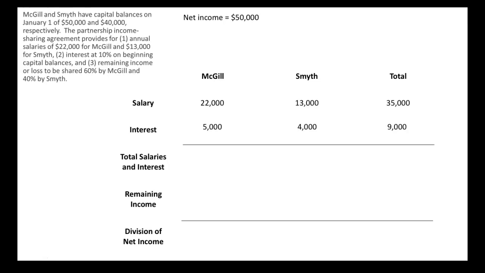For Smith, we take the 40,000 times 10% to get our 4,000. And then we add together the 5 and 4 to get our 9,000 over there in the total section. So far we're just working through the partnership income sharing agreement and filling in the information here in this table.